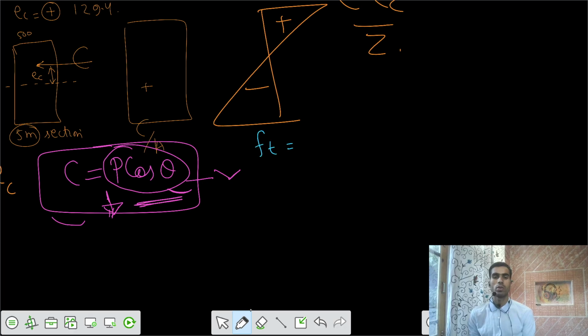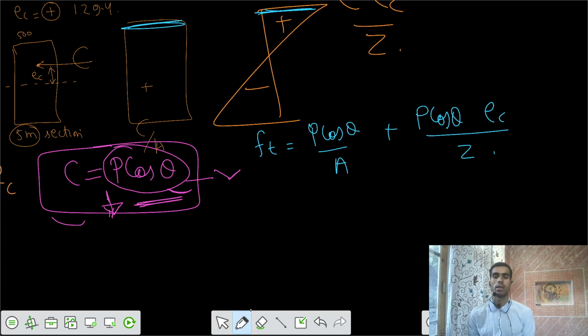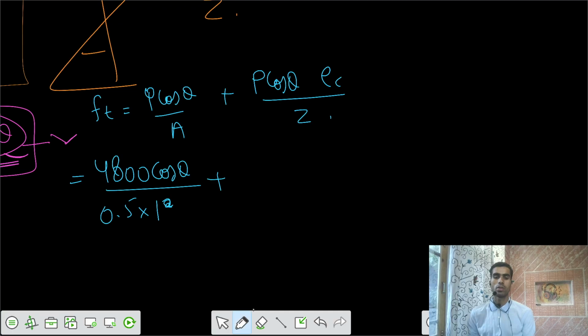F top equals positive C by A, that means P cos theta divided by A, plus C EC by Z, that is also P cos theta EC by Z. P was your 4800 and cos theta we know, divided by area of the cross section, plus P cos theta, 4800 into cos theta into eccentricity EC.